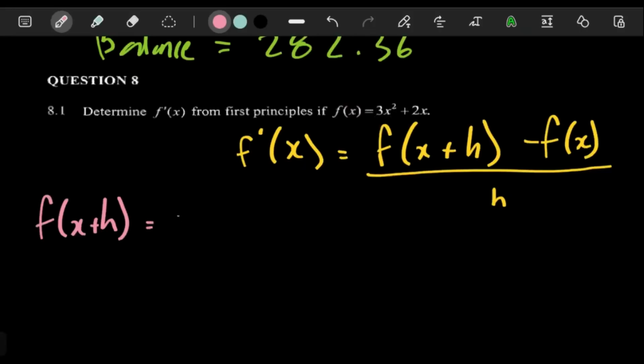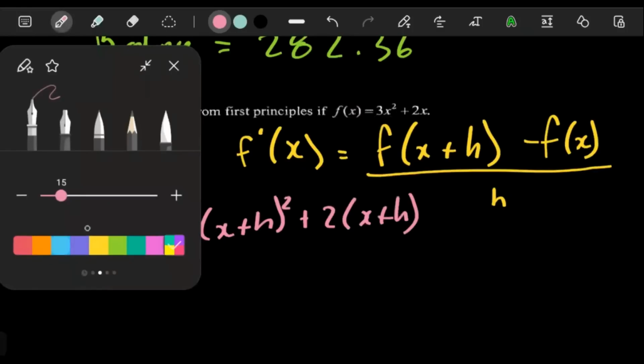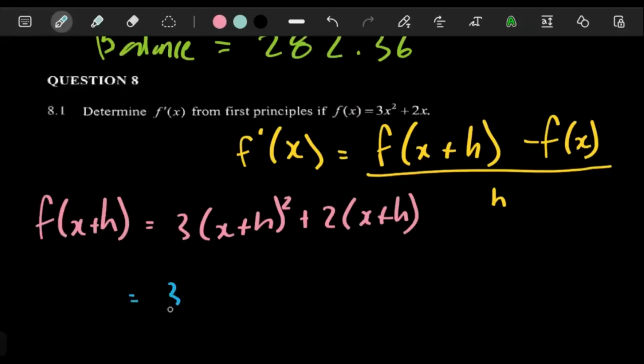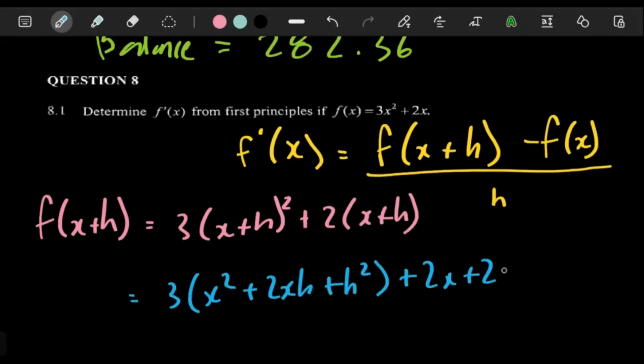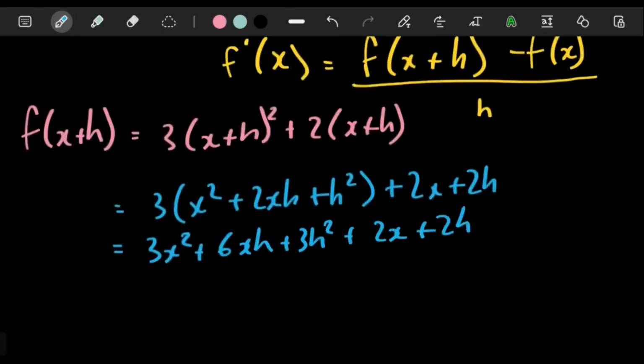So it's going to be 3(x plus h) squared plus 2(x plus h). So that's 3 times x squared plus 2xh plus h squared, plus 2x plus 2h. This is 3x squared plus 6xh plus 3h squared plus 2x plus 2h.